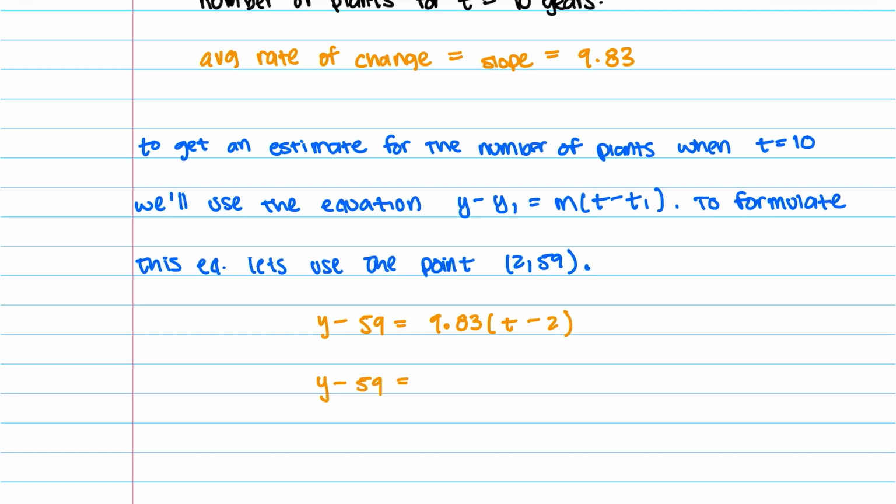And on the right-hand side, by distributing, we'll get 9.83t minus 19.66. And so let's cross over the 59 from the left-hand side by means of addition, and our equation is going to become y is equal to 9.83t minus 19.66 plus 59.